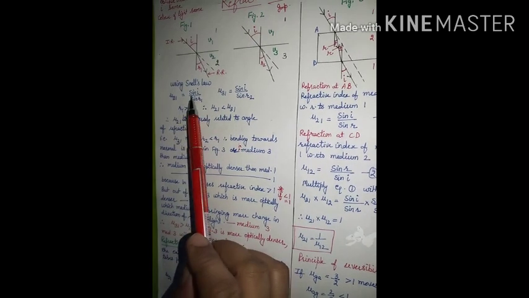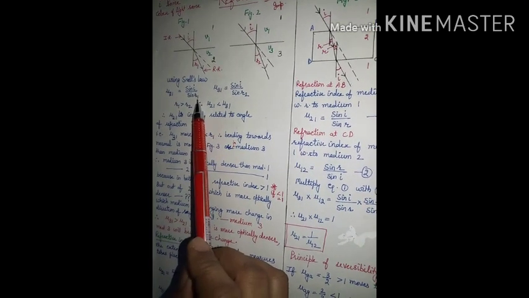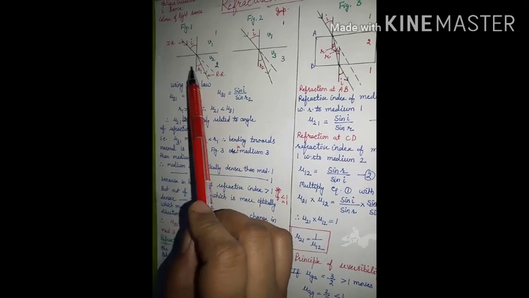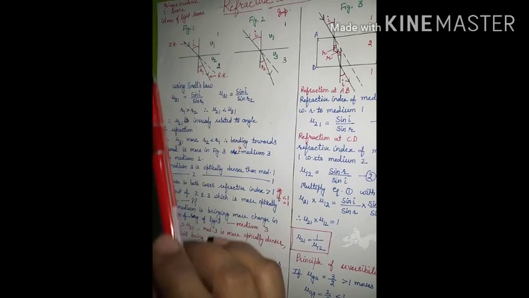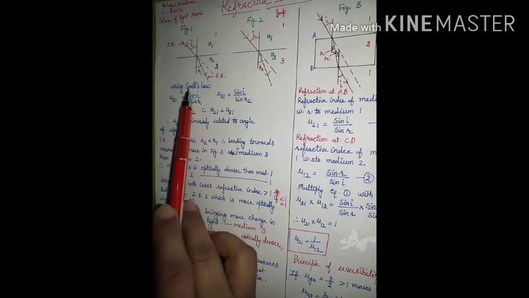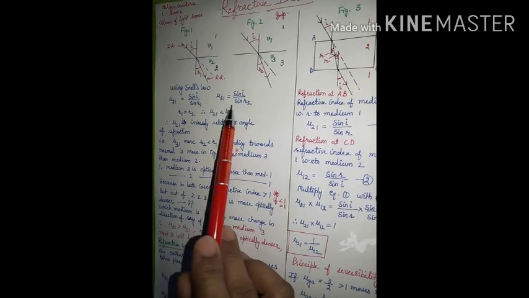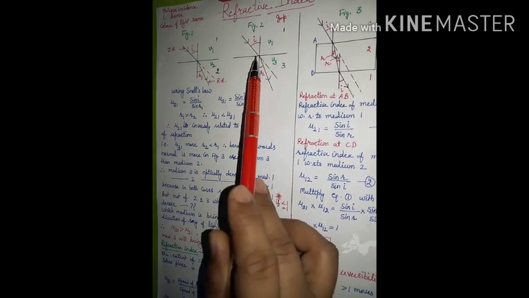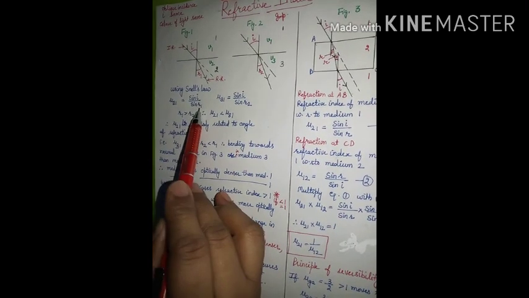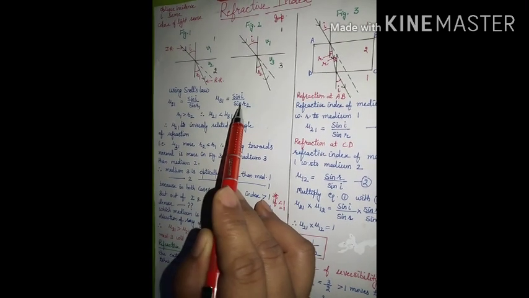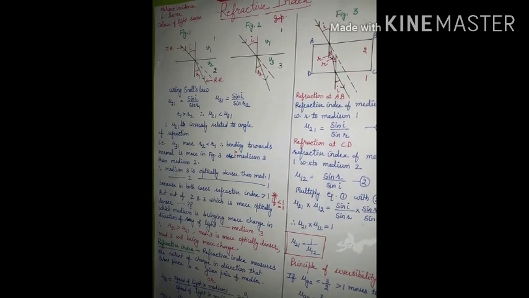Mu21 is sin i upon sin r1. r1 is less than i. It means mu21 is greater than 1. Similarly, mu31 is also greater than 1, because in both cases the denominator is less than the numerator.